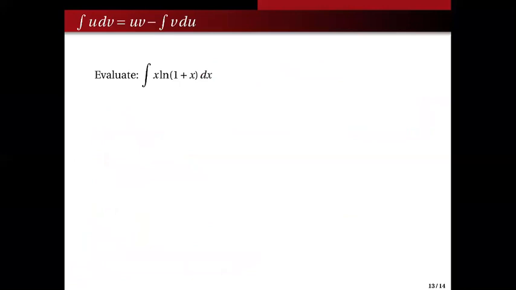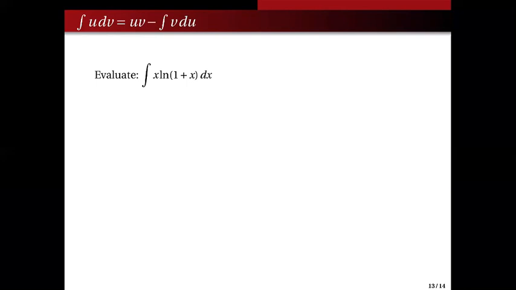Let's have this. Integral of x ln of 1 plus x. It looks similar to what we did. In fact, it's very similar, except that here we have ln of 1 plus x, not just ln of x. So we have to adjust this. And again, we will combine substitution and then IBP.